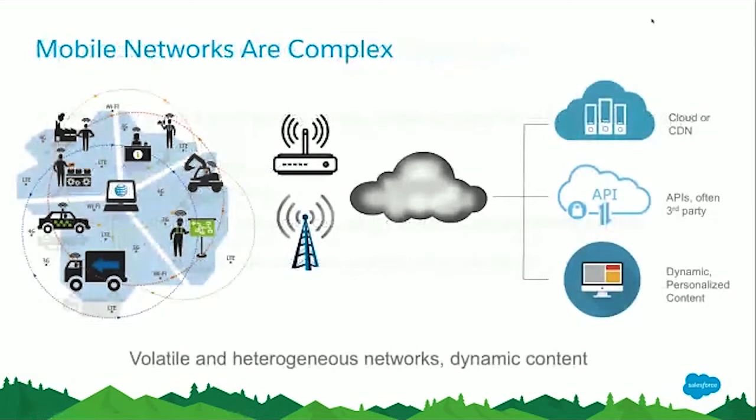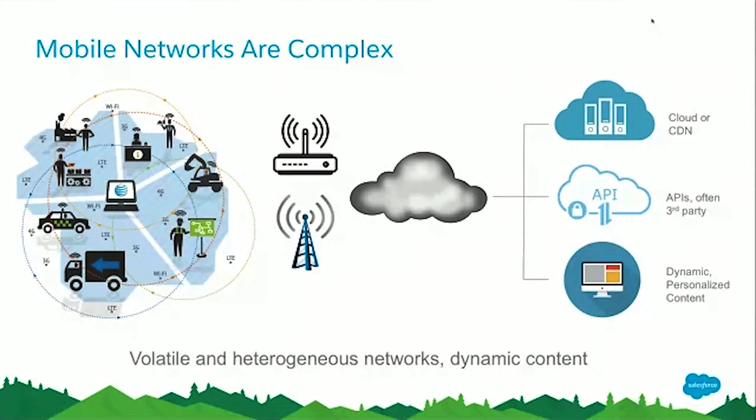So mobile networks are complex. This graphic highlights why. Say I'm browsing the internet on my phone or using an internet-based app on my phone. There are so many factors behind the scenes which need to all work in sync for me to have a good experience viewing this content on my phone. We have the network type, which could be 4G, LTE, 3G, or some Wi-Fi in a coffee shop. It could be the carrier.